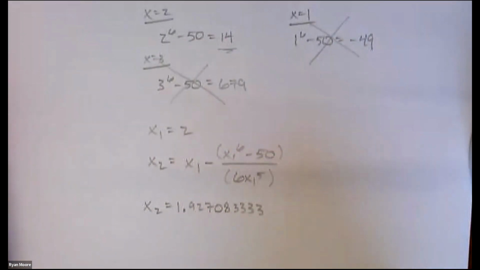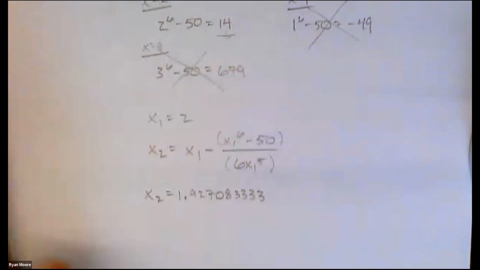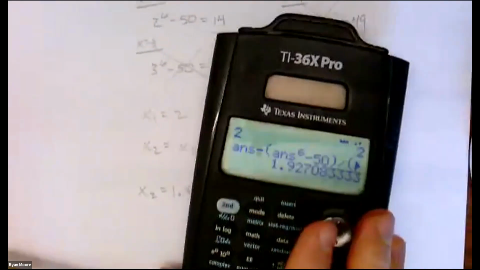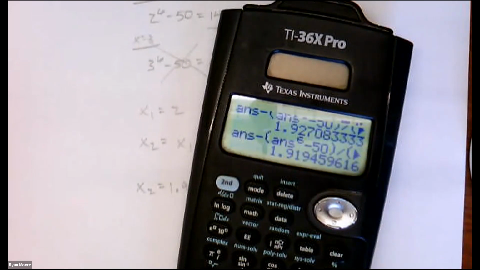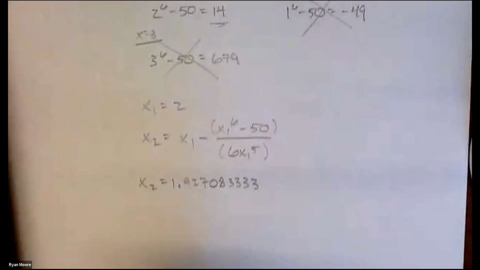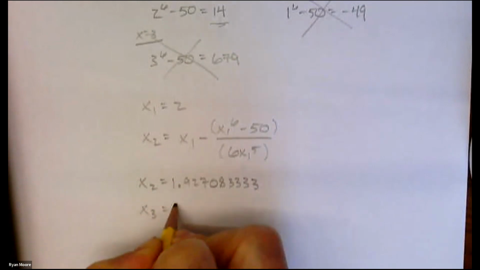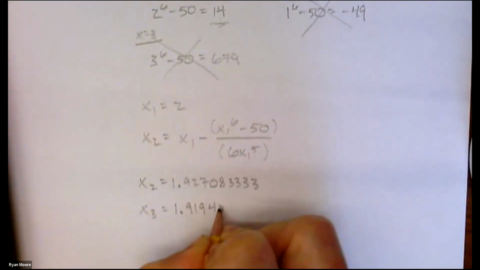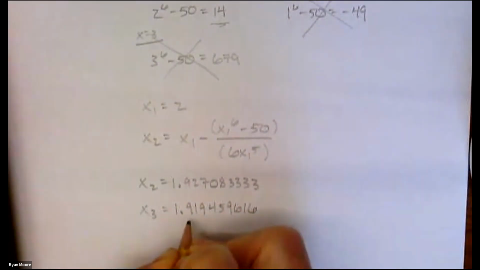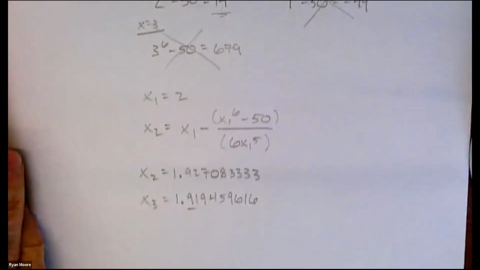1.927083333. If we do it again, it should be a number still pretty close. Okay, I think we're onto it. X3, 1.919459616. We got the 9 to repeat.